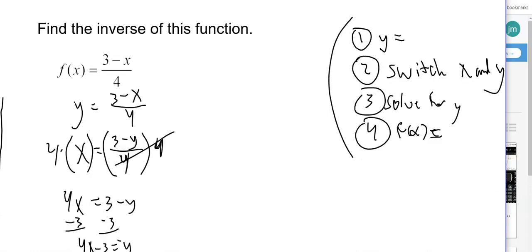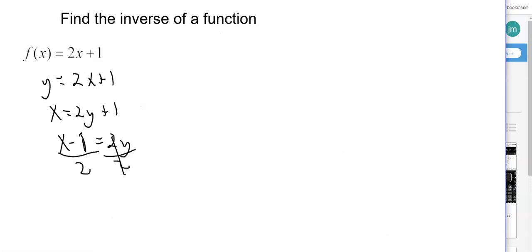It's really the inverse, so you want to name it by its name. So instead of f of x, this new function is called the inverse of f of x equals x minus 1 over 2. And that makes sense. Instead of adding 1, we're subtracting 1. Instead of multiplying by 2, we're dividing by 2. So in the context, that actually kind of works.